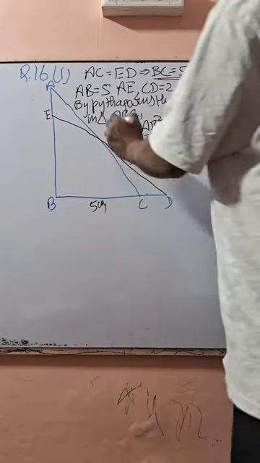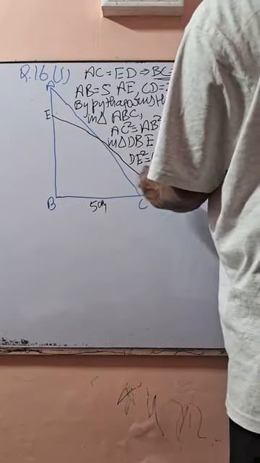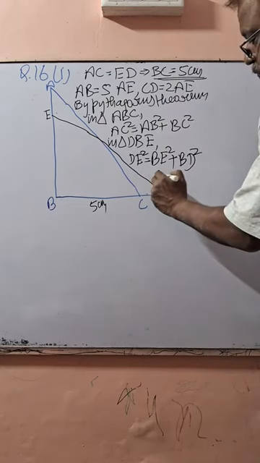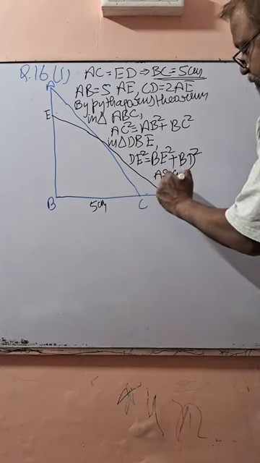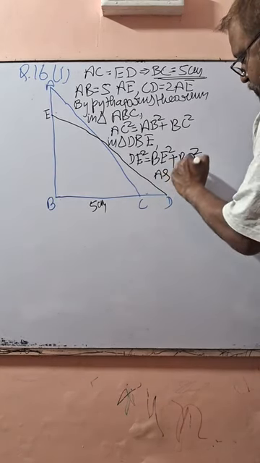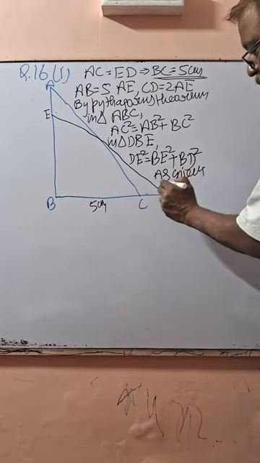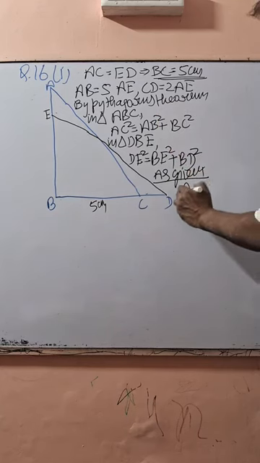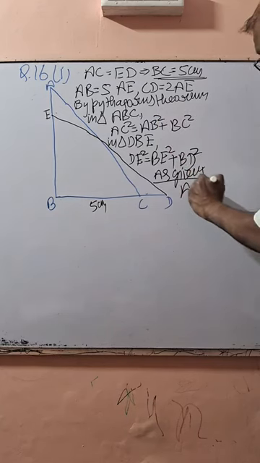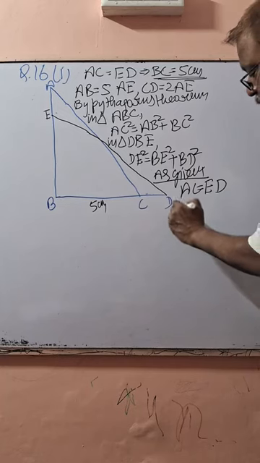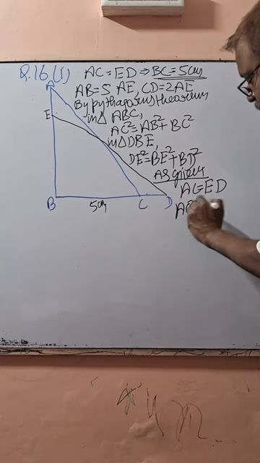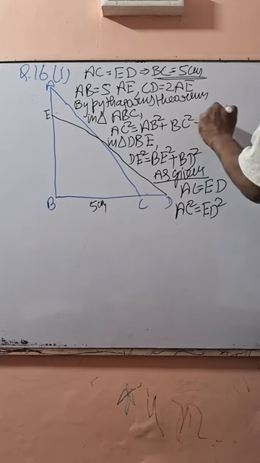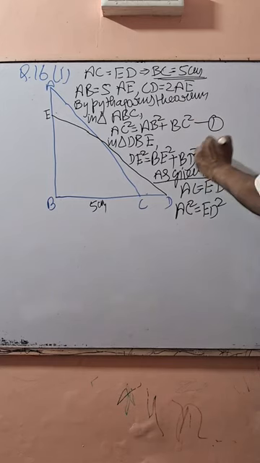Now as given, AC is equal to ED, so AC square is equal to ED square. So this is equation 1, this is equation 2.